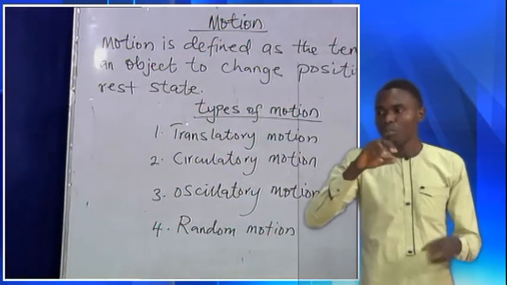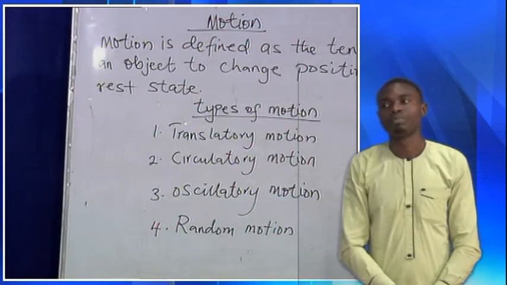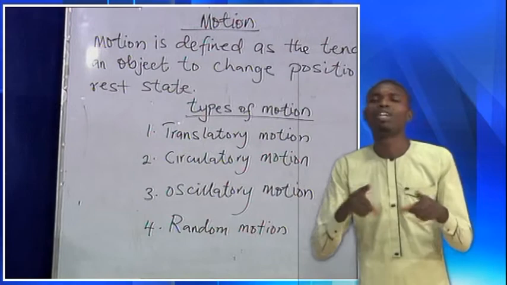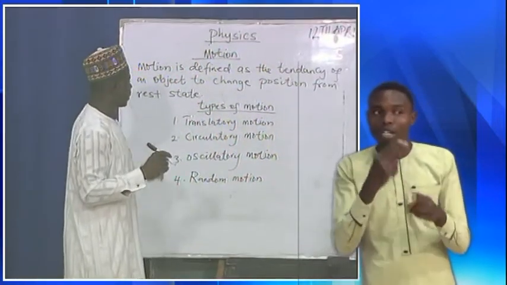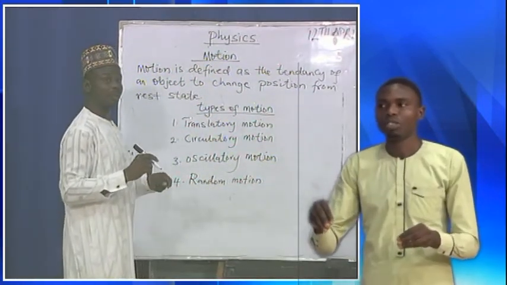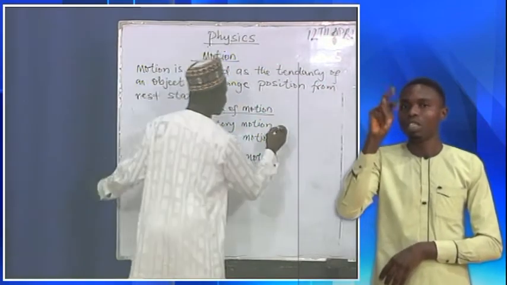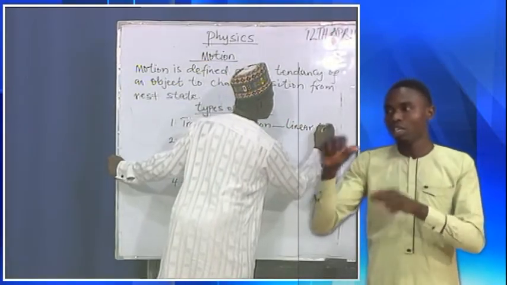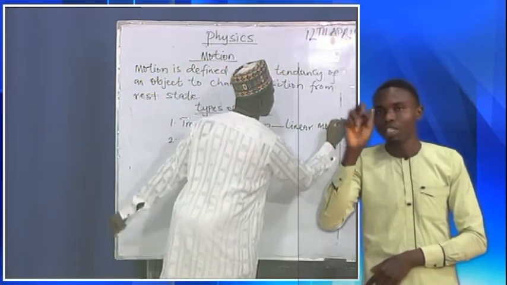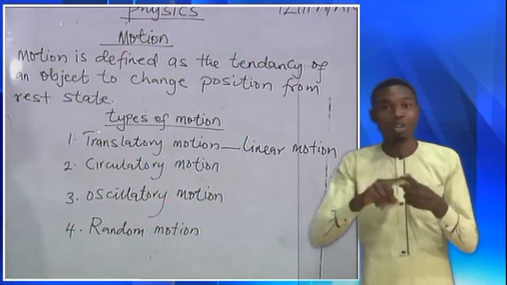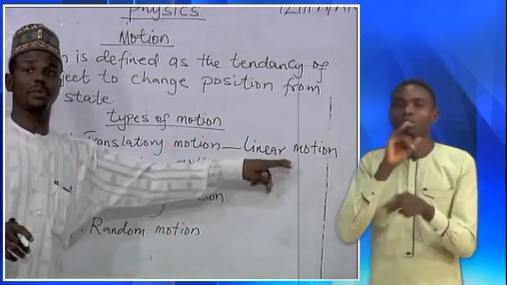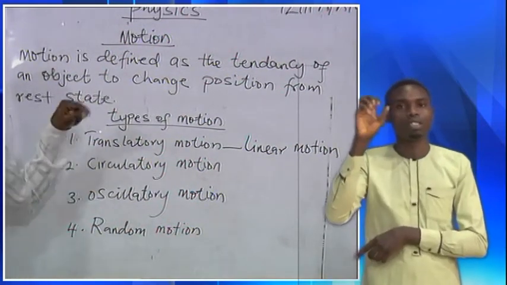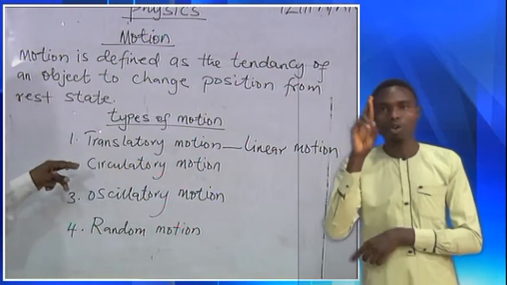Right? So before I explain these types of motion, let me give you alternative names of these motions. Translatory motion is otherwise called linear motion. So don't get confused, so that you don't say, I only saw linear motion, I have not seen translatory motion. They are the same.